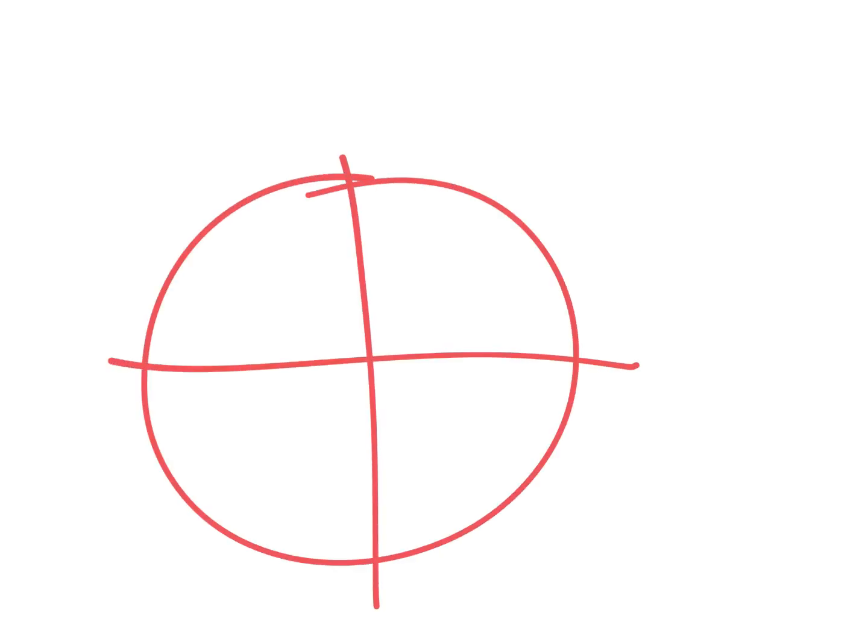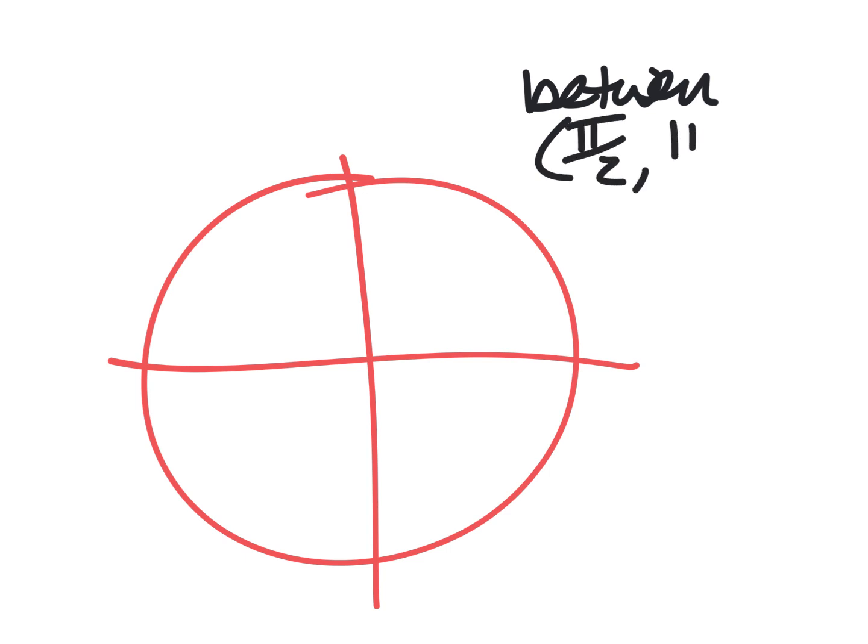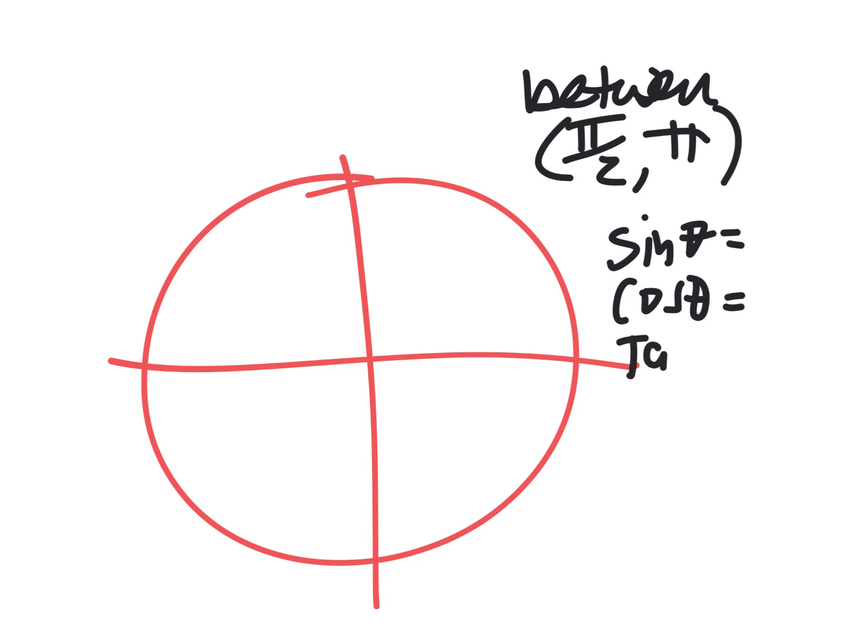All right, next one. Everybody try this one, and this time I'm not going to help you as much because you kind of see how they work. What if I said we're between pi over 2 and pi, and we want to know what sine will be, cosine will be, and tangent will be.